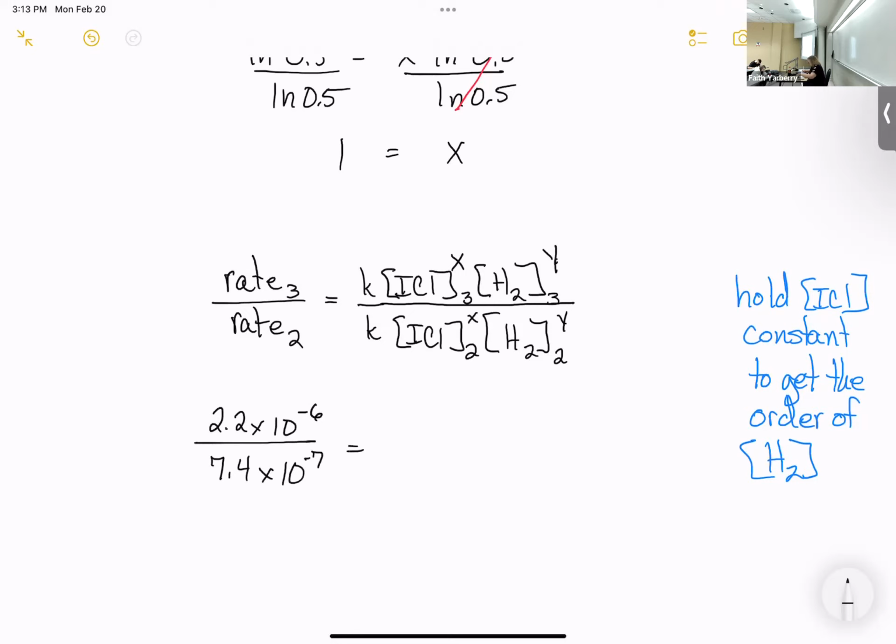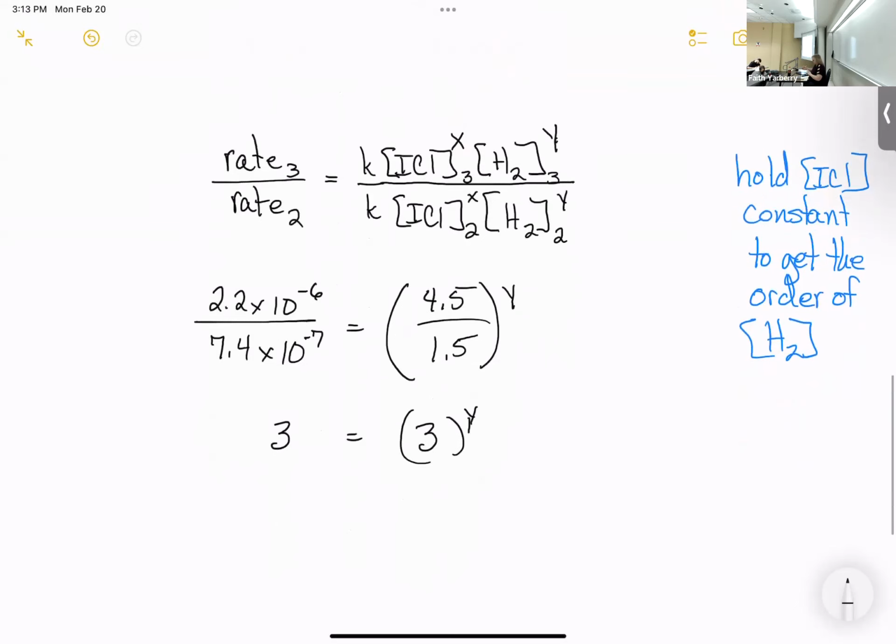Since we're holding ICL constant, that means it comes down to the H2 concentration, which was 4.5 over 1.5 raised to the Y. This first one basically comes out of the 3, and so does the other part, which is 3 raised to the Y, which we can get rid of the power.